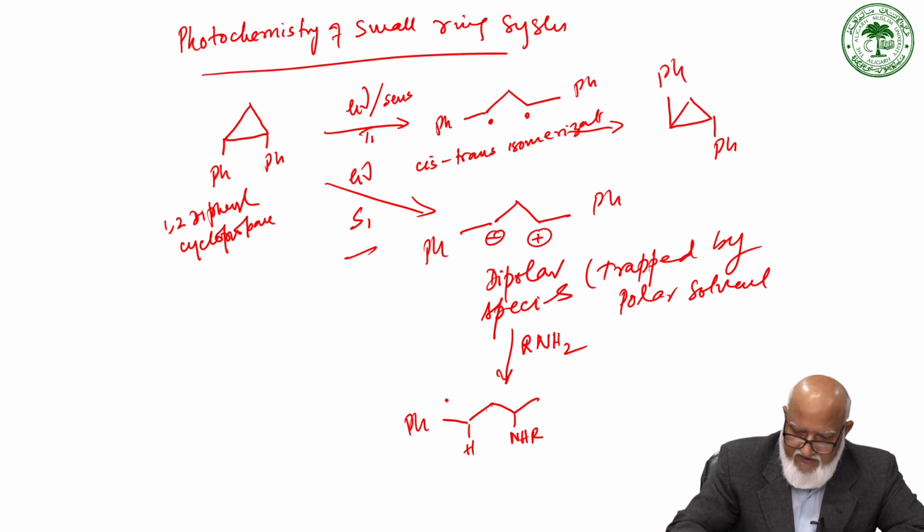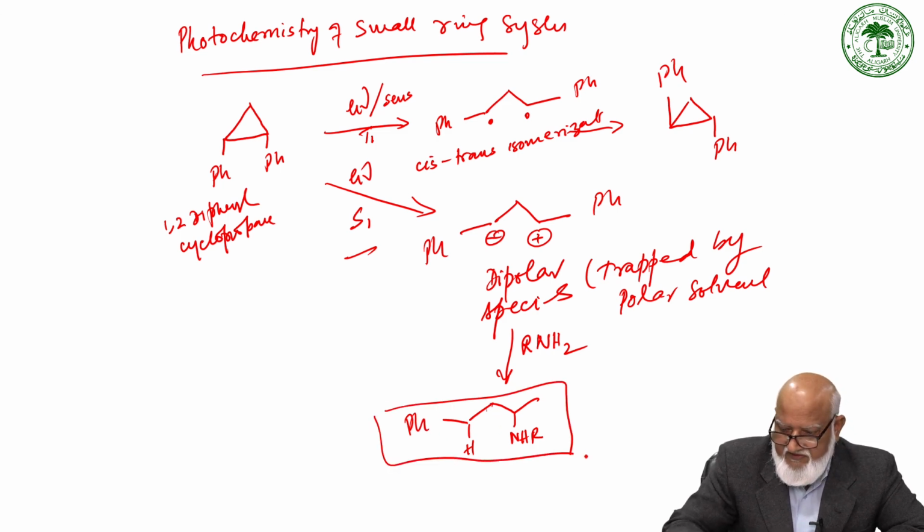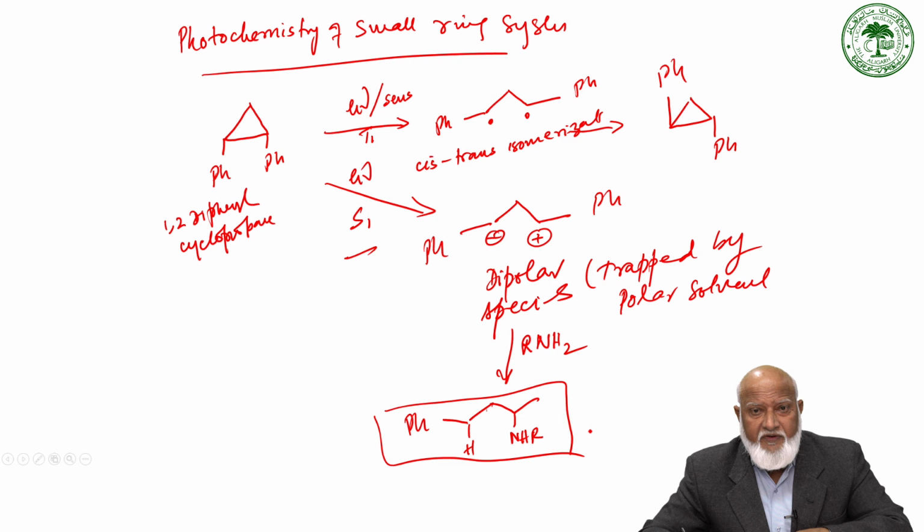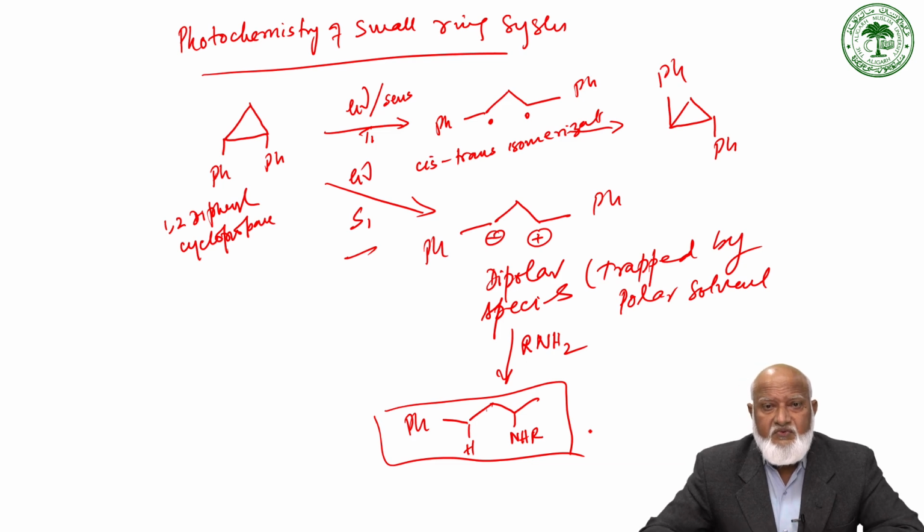So you can see that the cyclopropane ring shows two different photochemistries. Under direct photolysis, going via a singlet excited state, it leads to a dipolar species which has been trapped by polar solvents.